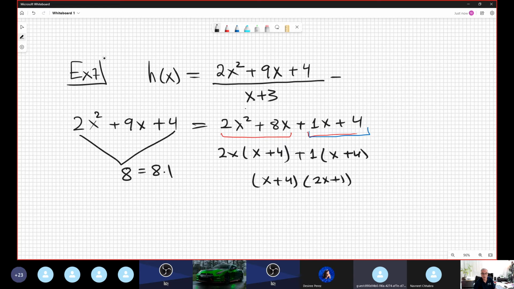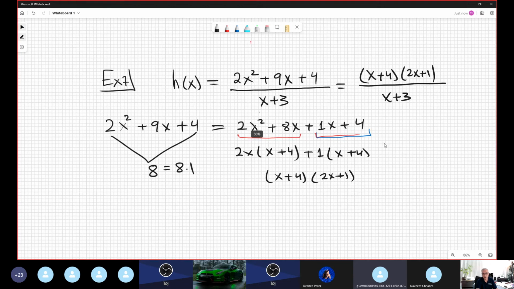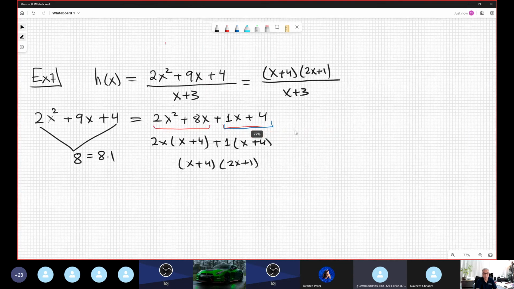And the factorization is, you know very well, it doesn't matter the order. We copy x plus 4 times 2x plus 1 divided by x plus 2. One more time, it's very, very weird, we have a hole. But I intentionally, in the review and in the test, put at least one example to include a hole, but in this case, no hole.